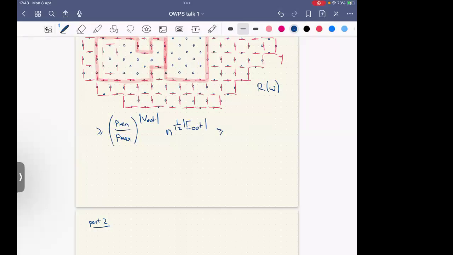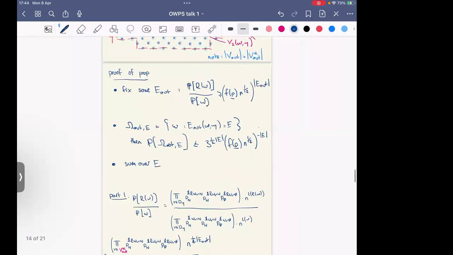Then I'll use the fact that the size of V out is less or equal to a half of the size of E out. So this gives us: this is greater or equal to p_min over p_max to the 1/2, n to the 1/12, to the size of E out. Okay, and that's part 1. So we showed that the ratio of these two is bigger than some constant depending on p times n to the 1/12 mod E out.